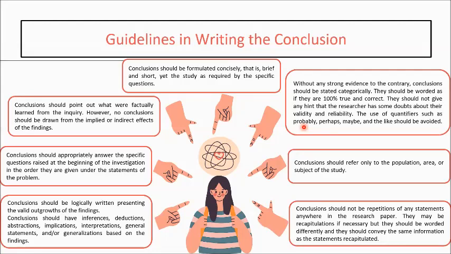Okay? Next, conclusion should refer only to the population, area, and subject of the study. Don't generalize when you are concluding, 'di ba? So, yes, wag lumabas sa topic. And at the same time, it should only refer to the population. So, for example, be specific. For example, our never-ending topic, the effects of mobile games to senior high school students of ACLC Caloocan.